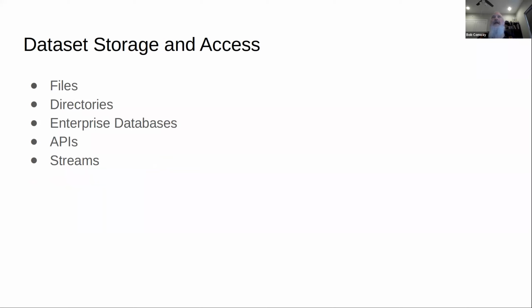Spatial data is stored and accessed in many ways, usually dependent on the specific format. Some are stored as an individual spatial data file. Others are stored in a flat or deep hierarchy of files within a directory, often requiring zipping or other archiving to share as a unit. Still others are stored in a spatial enterprise database, as I mentioned in the previous slide. Also, as mentioned in the last slide, some spatial data is accessed as needed from specialized APIs.